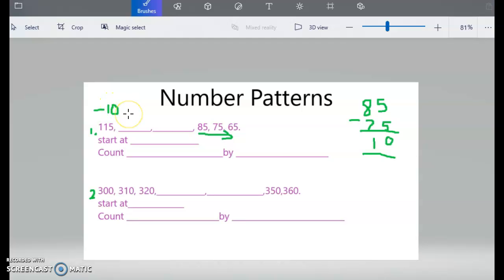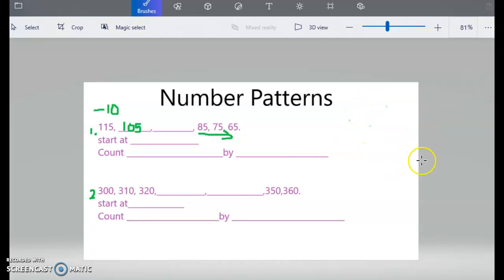So now that I know that they are taking away 10, I can figure out my answer for the two blank spaces. So 115 take away 10. If I use my mind, I will find out that that answer will be 105. Now, if I didn't know how to count backwards in my head, you can always set it up and subtract it to find the answer. You could have written 115, take away 10.